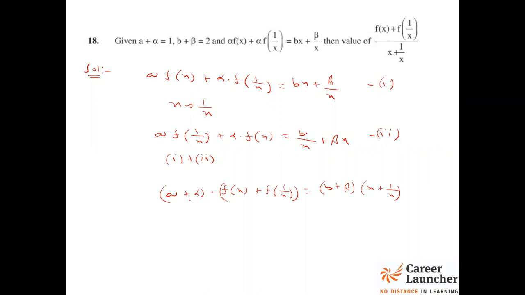Now the value of a plus alpha is given as 1, b plus beta is given as 2. So f of x plus f of 1 by x upon x plus 1 by x will be equal to b plus beta, given as 2, upon a plus alpha, given as 1. So the value will become 2 for this. It's a numerical question. The answer will become 2 for this. Next, C19.